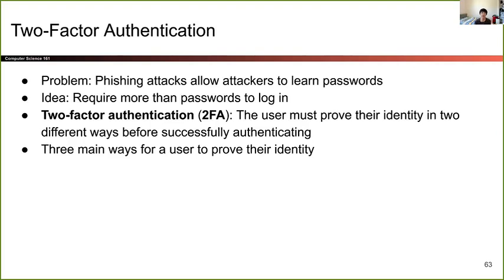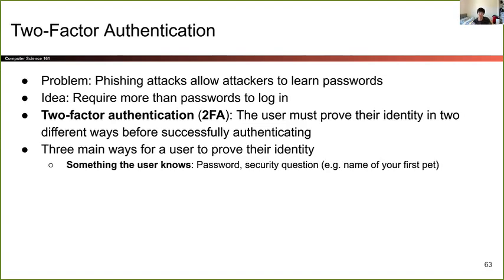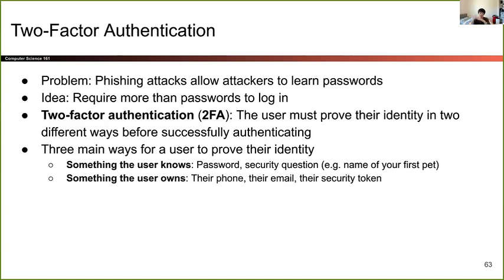There are three main classes of ways that we talk about when we talk about 2FA. The first one is something the user knows. Maybe it's a password, or a security question, which is oftentimes like the name of your first pet or the name of your high school best friend or something like that. The next class is something that the user owns. This could be your phone, maybe access to your email, or maybe a security token that you literally keep in your pocket.